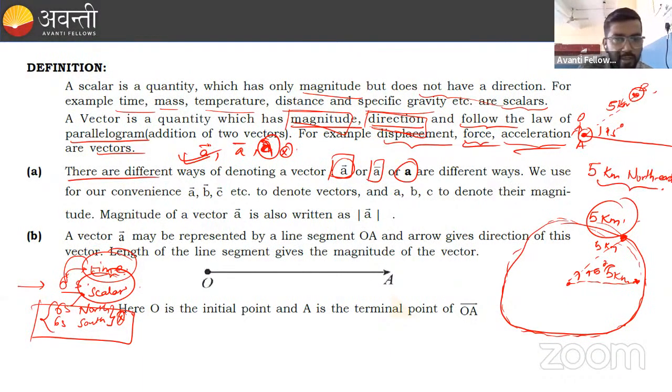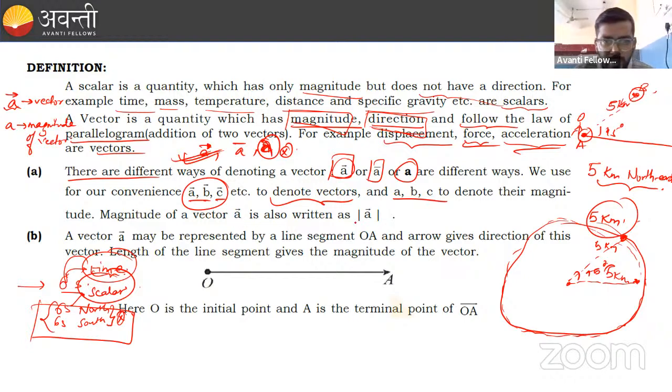Mostly you will see we are using a bar with an arrow, so this will be the general denotation we use for our convenience: a bar, b bar, and c bar to denote the vectors, and a, b, c to denote their magnitudes. Whenever you see an arrow over the alphabet, it represents the vector, and whenever you see just the alphabet, it represents the magnitude of the vector in this chapter.